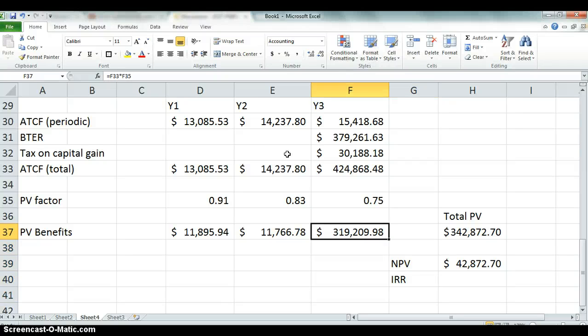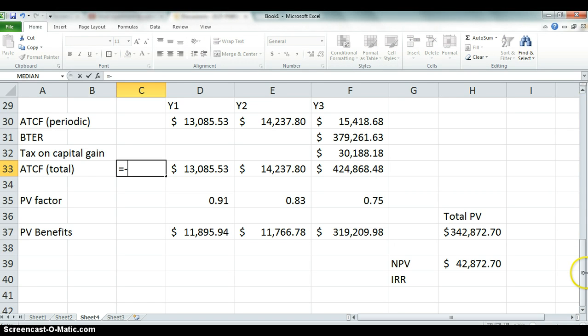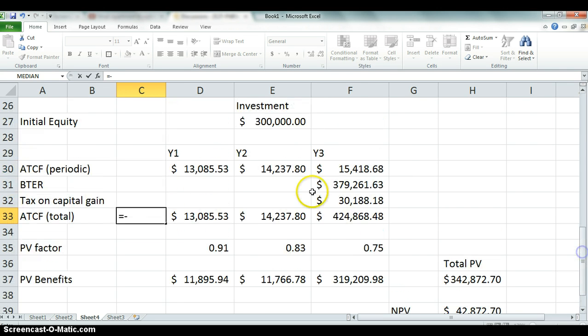For the IRR, we will add at the beginning of the cash flows our initial investment, which equals minus our initial investment, because it's an outflow.